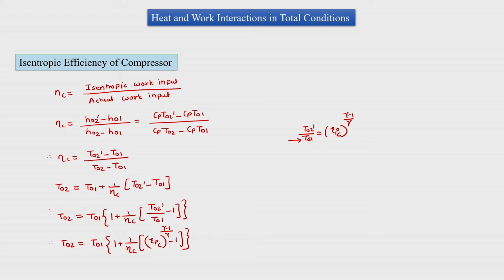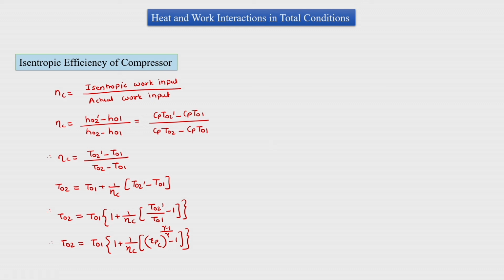Here we should note that we are using not just Rp, but we are using Rpc, which states that it is only for compressor, and we will see why it is so in the next few minutes when we come back for turbine.